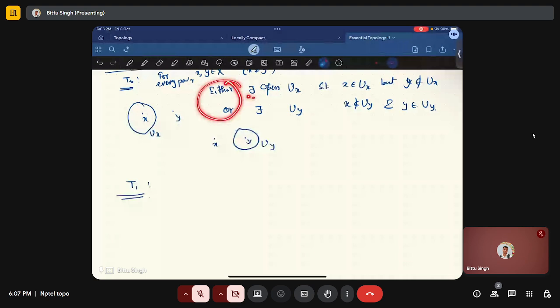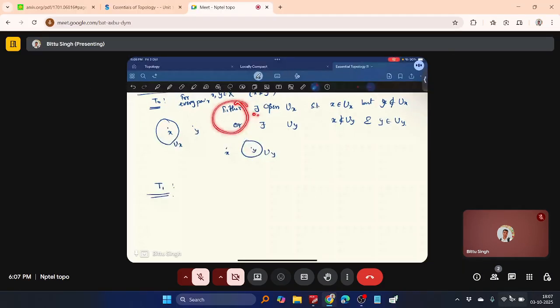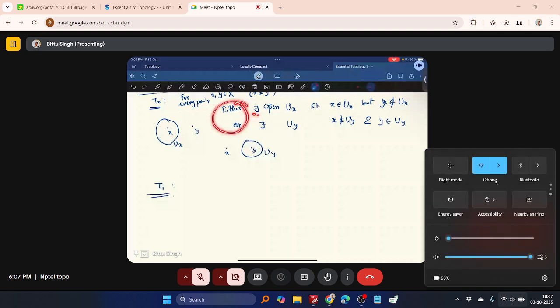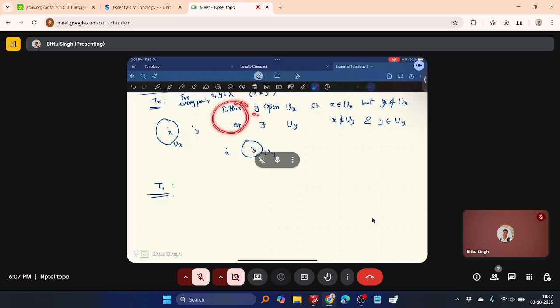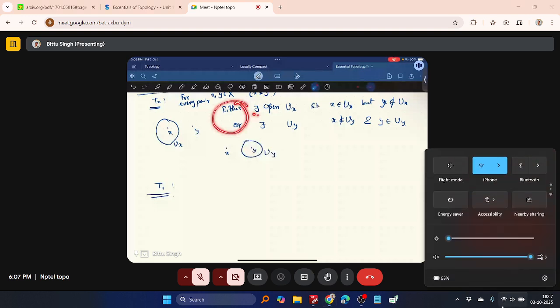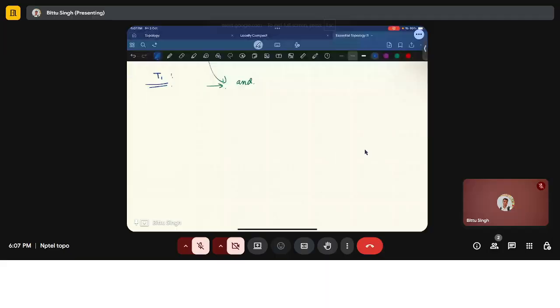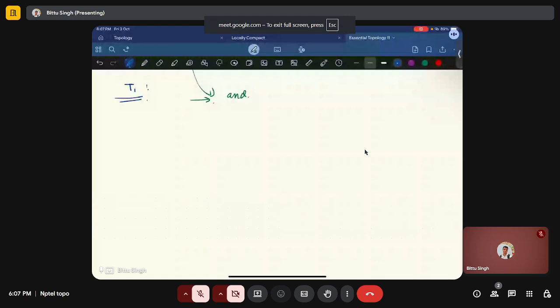So we have already talked about T0 space and T1 space. Now what is a T2 space, or Hausdorff space?